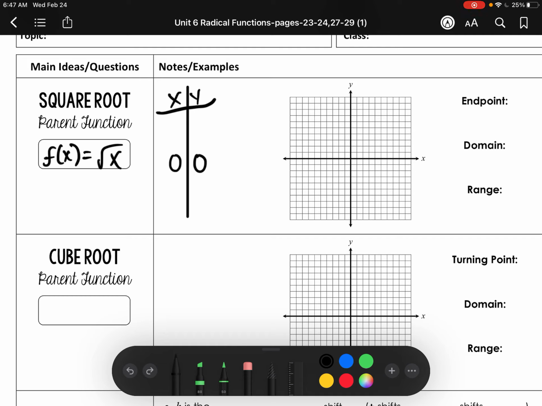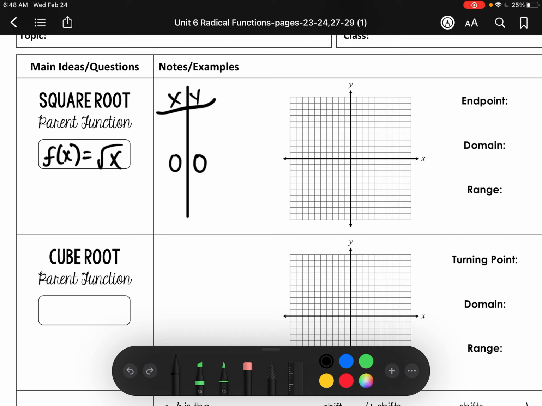So for that reason, when you do a square root function or a cube root function, any radical function, you are going to have to use the principal root, which is saying the positive root. So if I'm doing the square root of 1 in a function, since I can only have one output for every input, I'm going to use the principal root, which is the positive root.